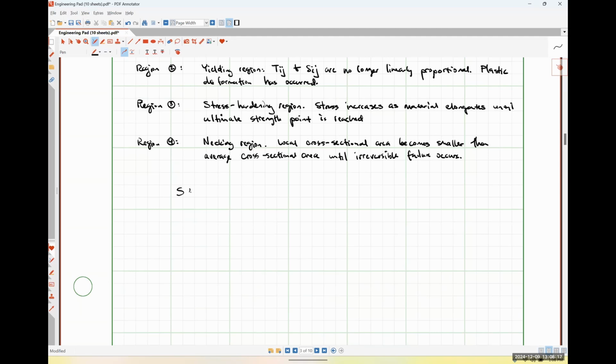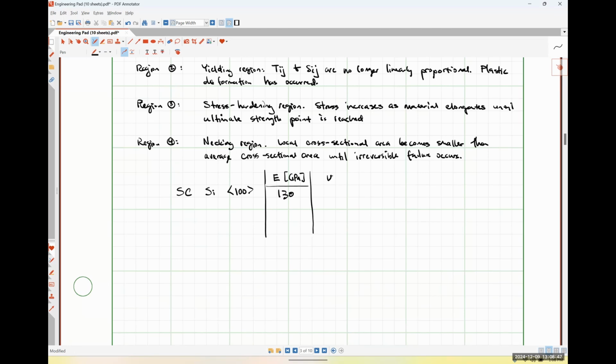Whenever I put SC like this, that just means single crystalline silicon. So for single crystalline silicon, for the 100 plane, we have a Young's modulus measured in gigapascals of 130.